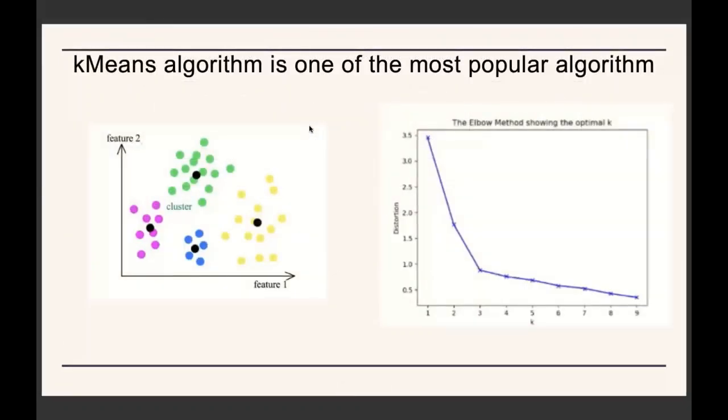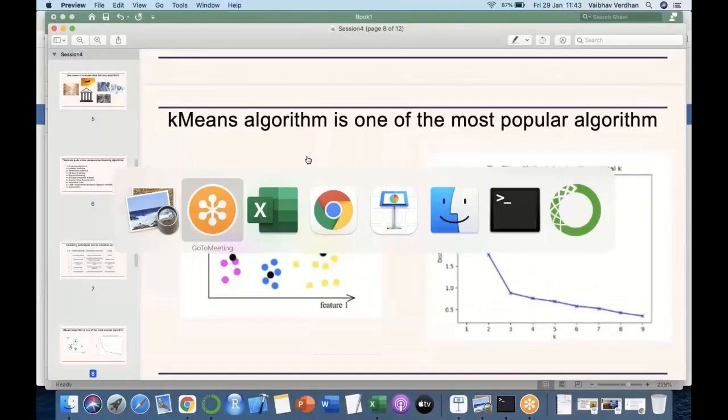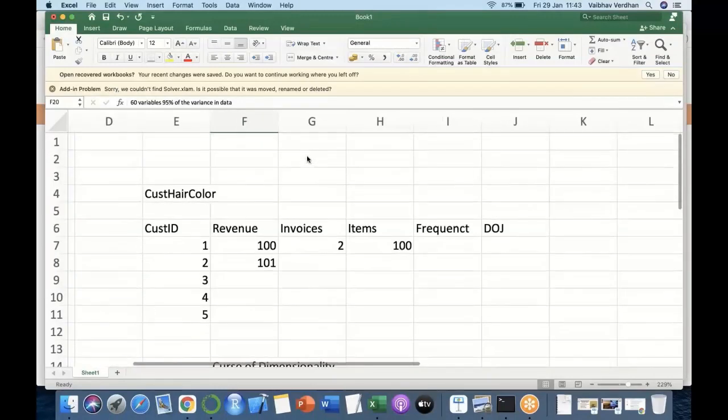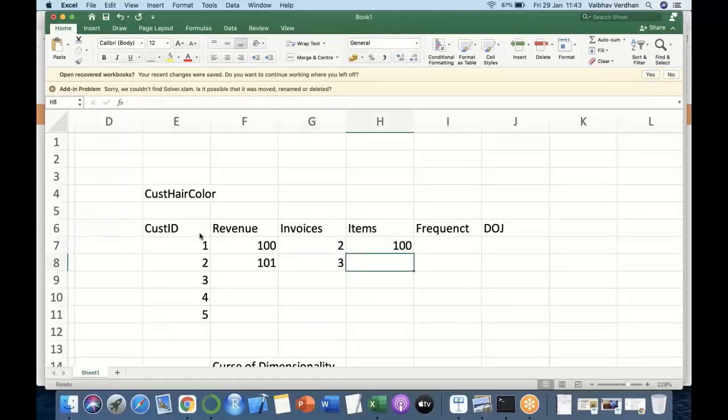Now before that, what do I mean by clustering? As a technique, what is the objective? The objective is, can I cluster, can I segment the observations which are similar? For example, this is frequency, let's say 4 and 3, right?